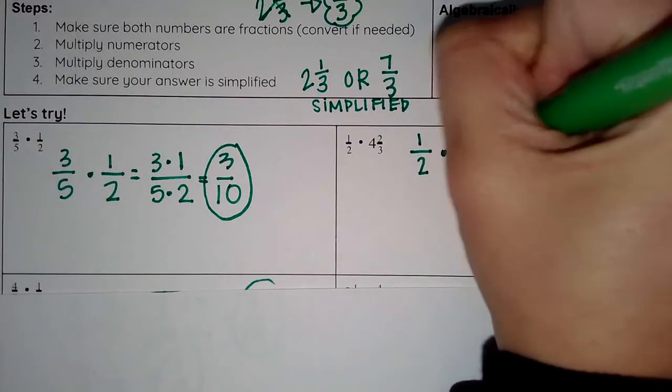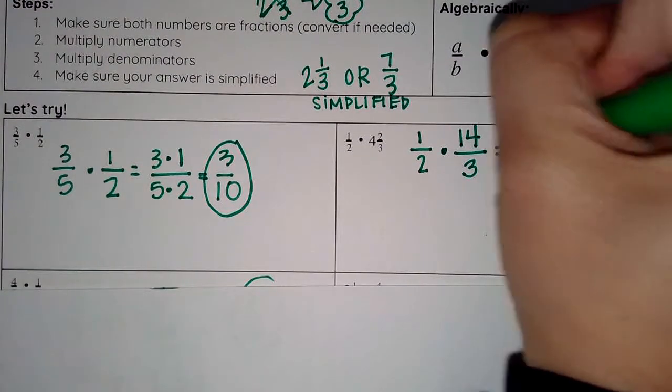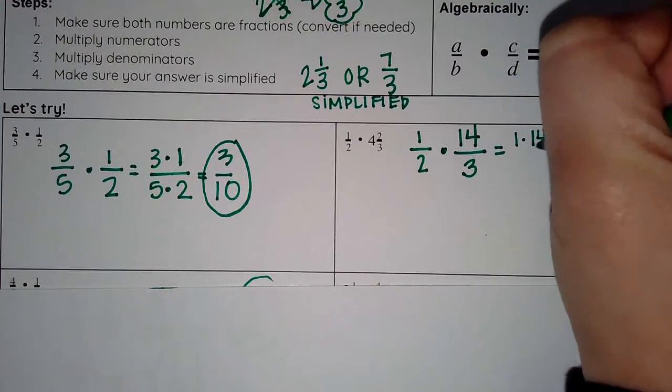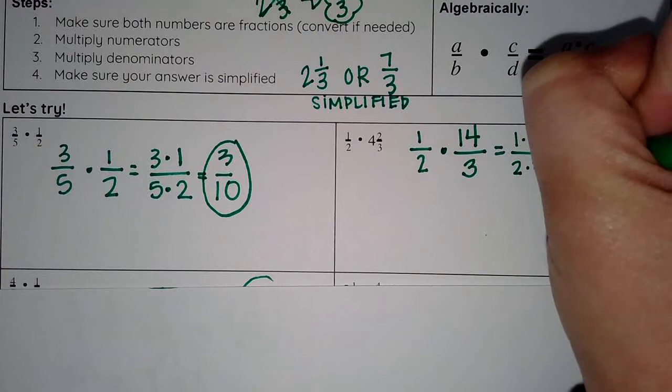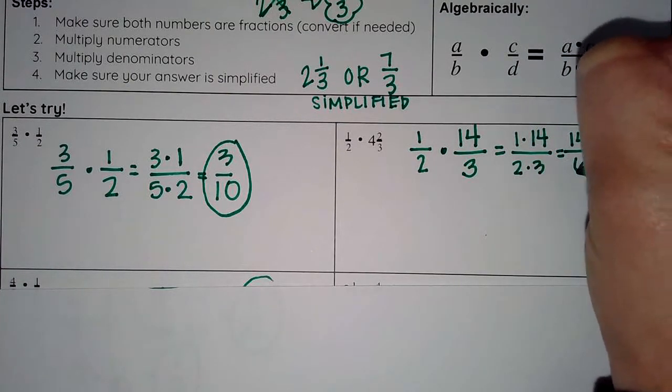So here's my new multiplication problem. Again, in step 2 I multiply my numerators, 1 times 14, and in step 3, multiply my denominators, 2 times 3. That leaves me with 14/6.